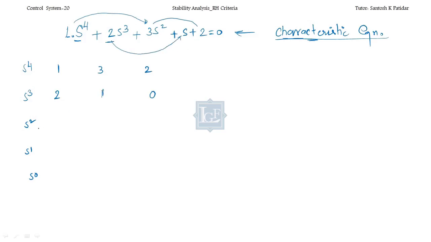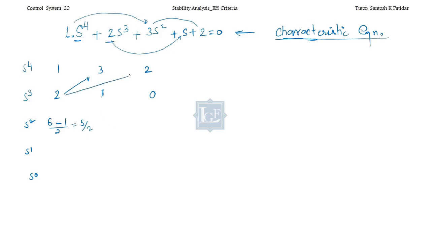Now let's find the coefficient of the third row and first column. You multiply this 2 with this 3, you get 6 minus 1 into 1, that is 1, divided by 2, so you get 5 by 2. What about this?